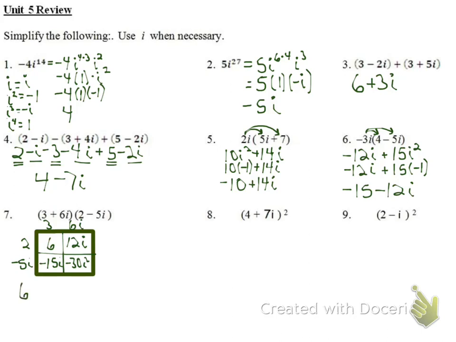So 6, and then I have negative 15i and 12i becomes negative 3i minus 30i squared, but we said i squared is negative 1. So this actually becomes plus 30. So we can combine that with the 6 and we get 36 minus 3i.